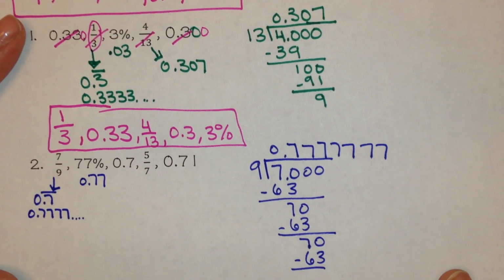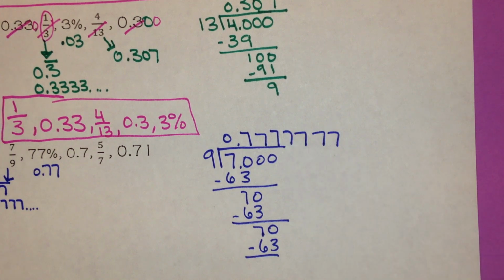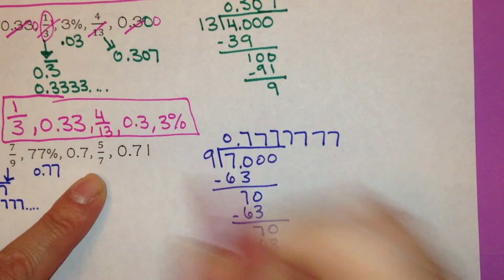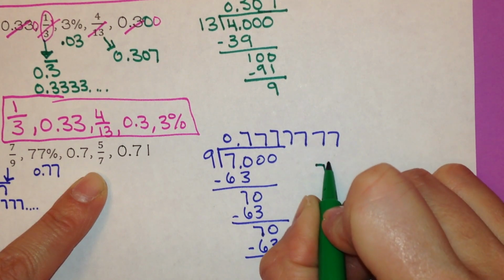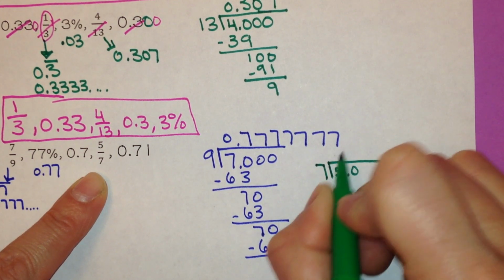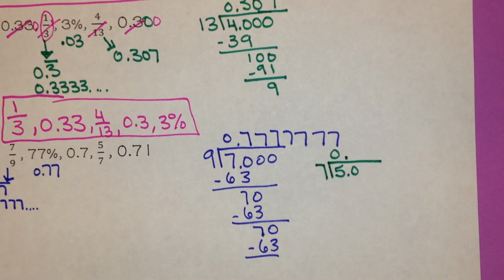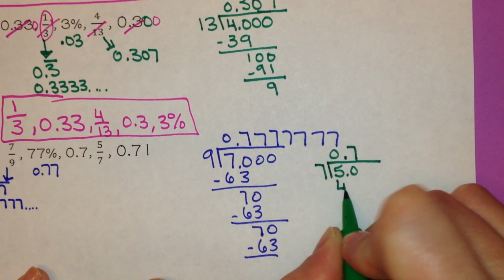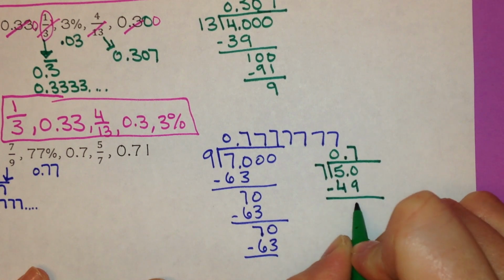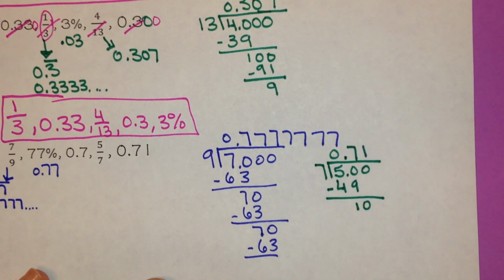All right, last one. I'm going to move this over a little so I have a little bit of room because I wrote my 7s kind of large. Okay, we have our 5/7. Okay, 7 goes on the outside, 5 goes underneath. I know 7 can't go into 5, so put my 0 and my decimal point, and I know that 7 can go into 50 7 times. 7 times 7 is 49. Subtract, I get a 1. Add a 0, bring it down. 7 goes into 10 once.